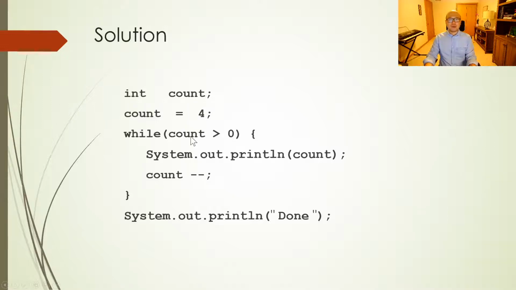Another very important part is to update the value of the loop control variable, like count minus minus, which gets executed in each iteration, so that eventually the loop will be terminated.